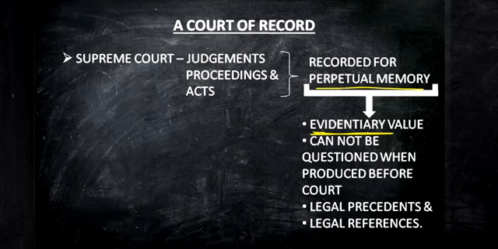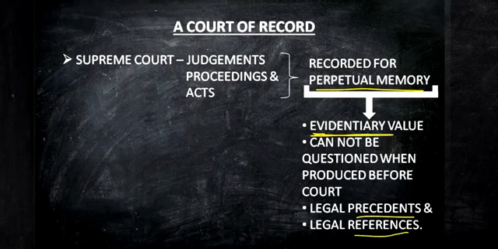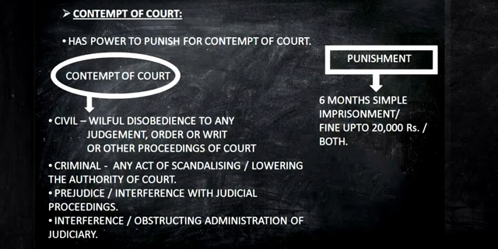The court cannot say that. These recorded things can be used as legal precedents and legal references in dealing with cases. Is it clear? Now let us move on to the next one.